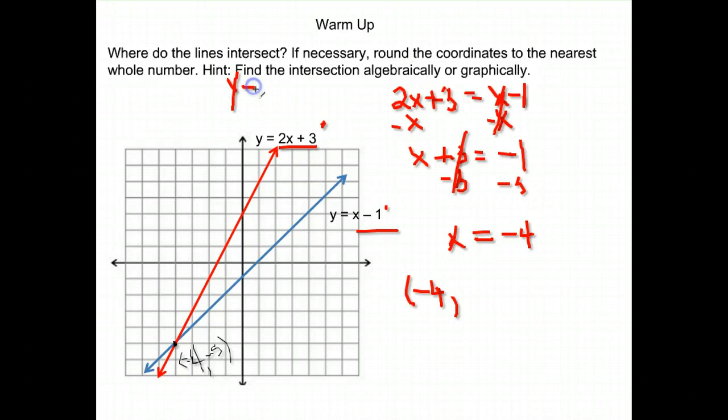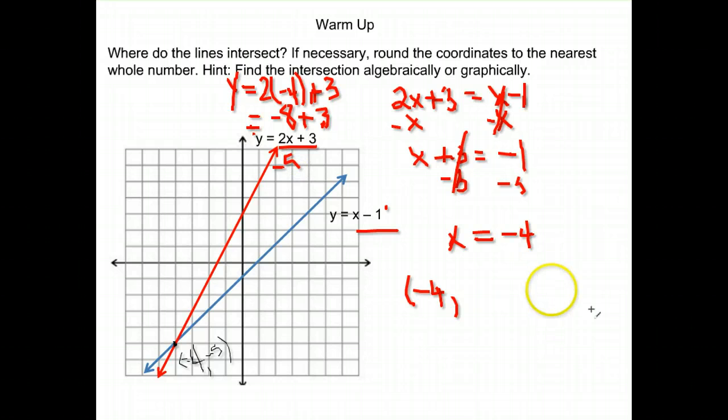I'd have y equals 2 times my x, which we found was -4, so I replace the x with a -4, plus 3. 2 times -4 is -8. And -8 plus 3 is -5.